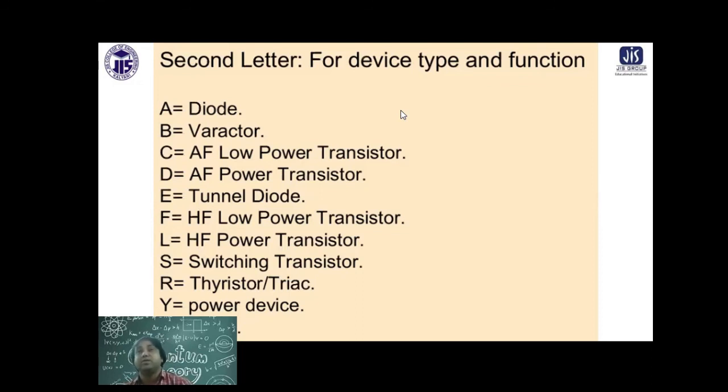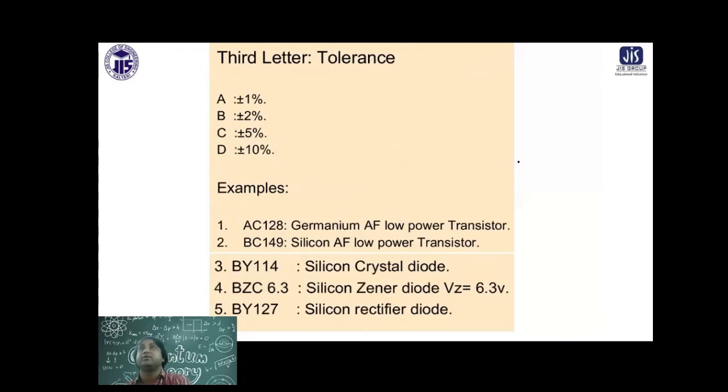These are all PN junctions only. A variety of applications are there. Power devices, Z for Zener diode. Okay, a lot of applications are there. A diode is just a junction, with a lot of applications.